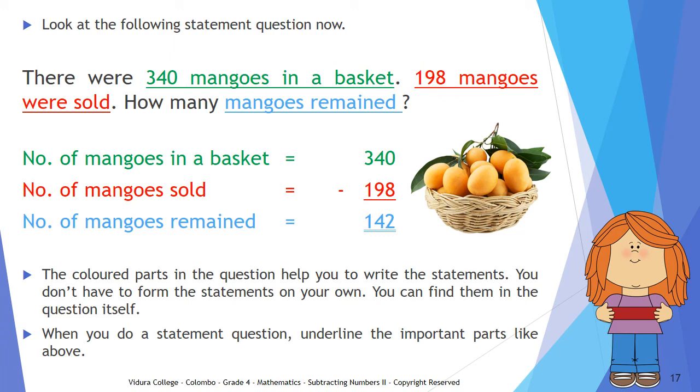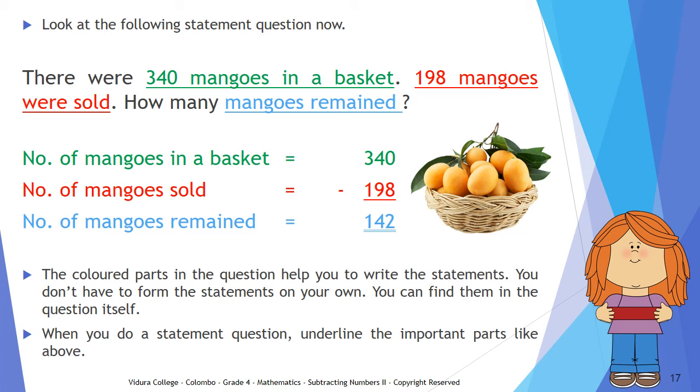Then moving to the last statement, you can find the statement needed, but the answer you have to calculate. The statement is number of mangoes remained. The answer is 142. Okay, the colored parts in the question help you to find the statements.